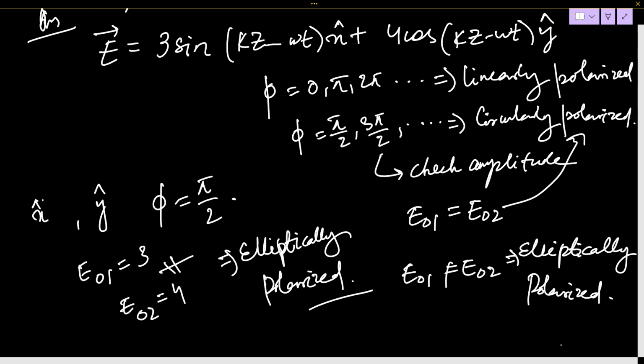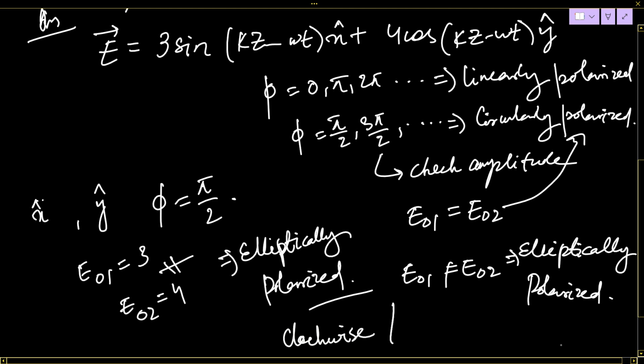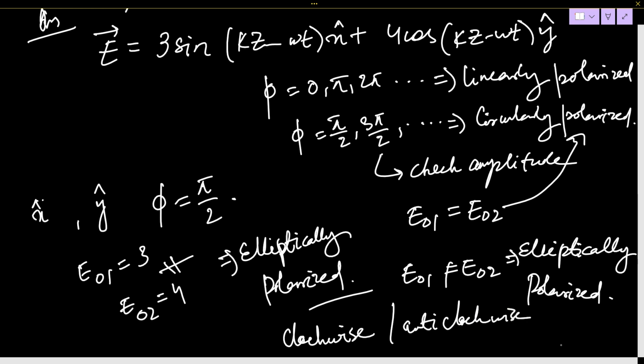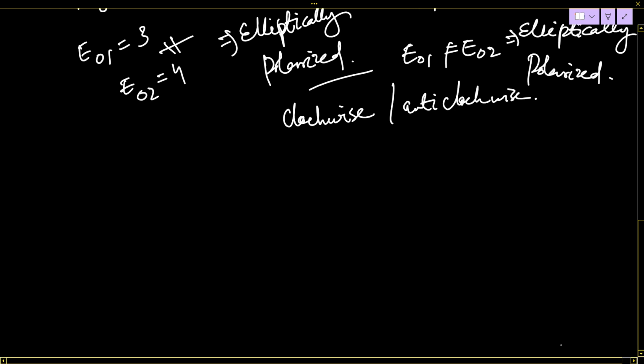Okay. And how to know whether it is in clockwise or anti-clockwise direction? We did that in the previous section. We have to find the electric field at omega t equal to 0.